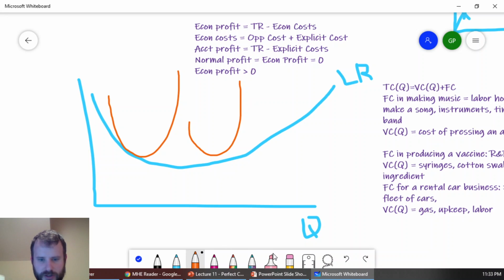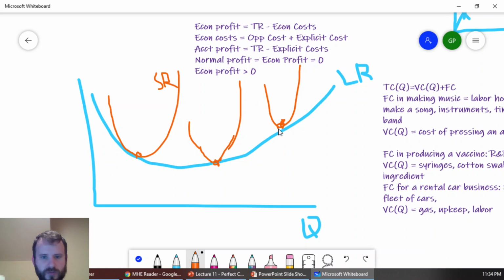That should be touching. Depending on the time frame, you could swap out your fixed cost to minimize your long run average total cost.